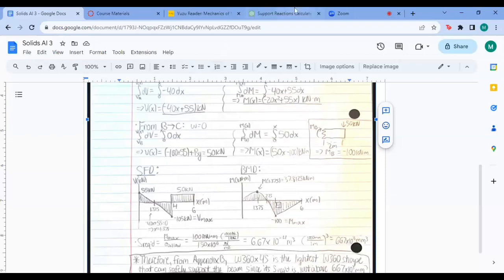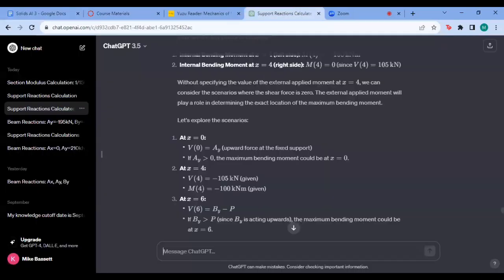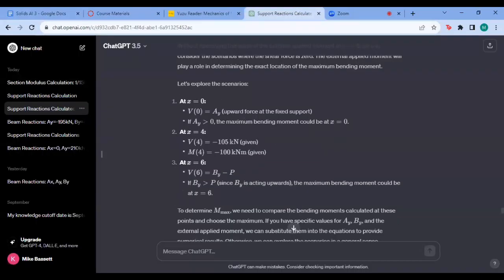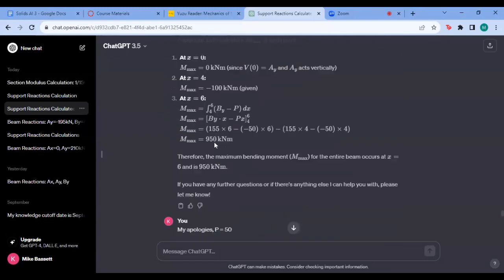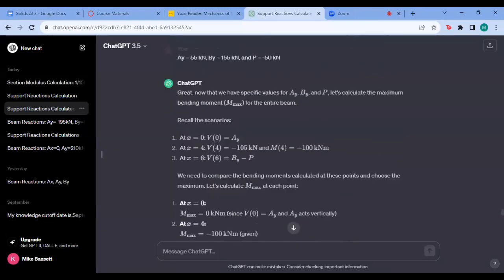So going back to ChatGPT, we can see that it got the negative 105 at x equals 4, which is correct. And the moment at 4 is negative 100 kilonewton meters, which is also correct. So then it was doing some incorrect calculations.